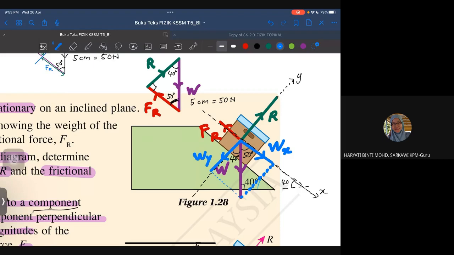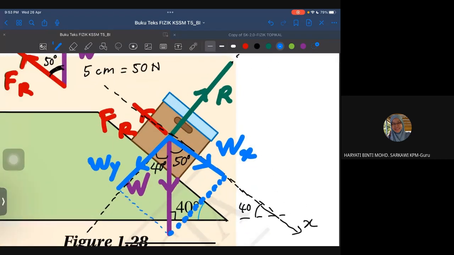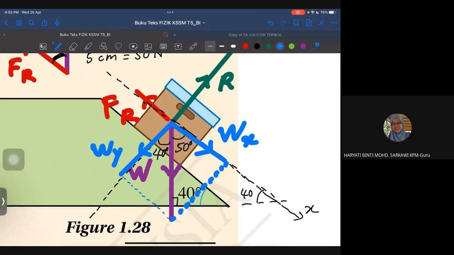Okay? So if you want to determine the WX, let's say you are using 50 degree, what will be the value of WX? Will it be W cos or sine?